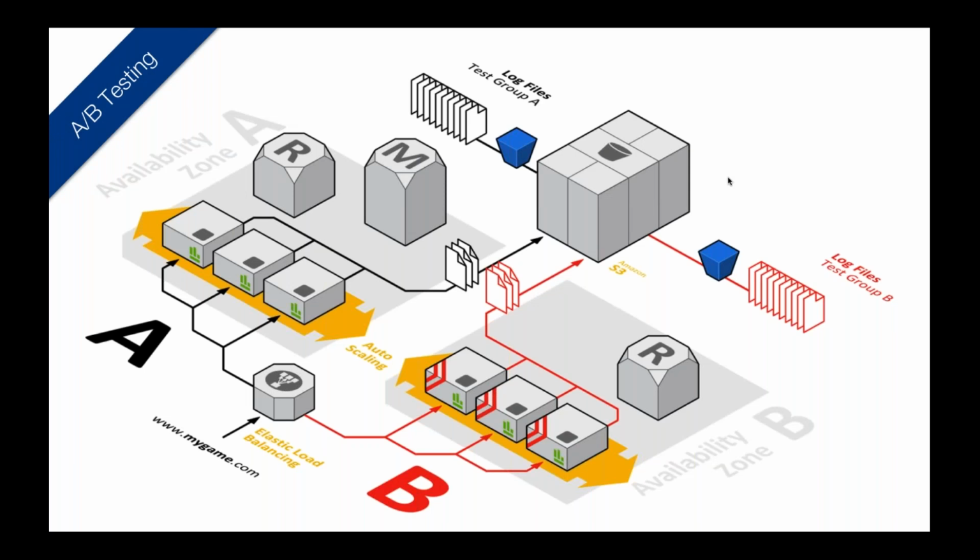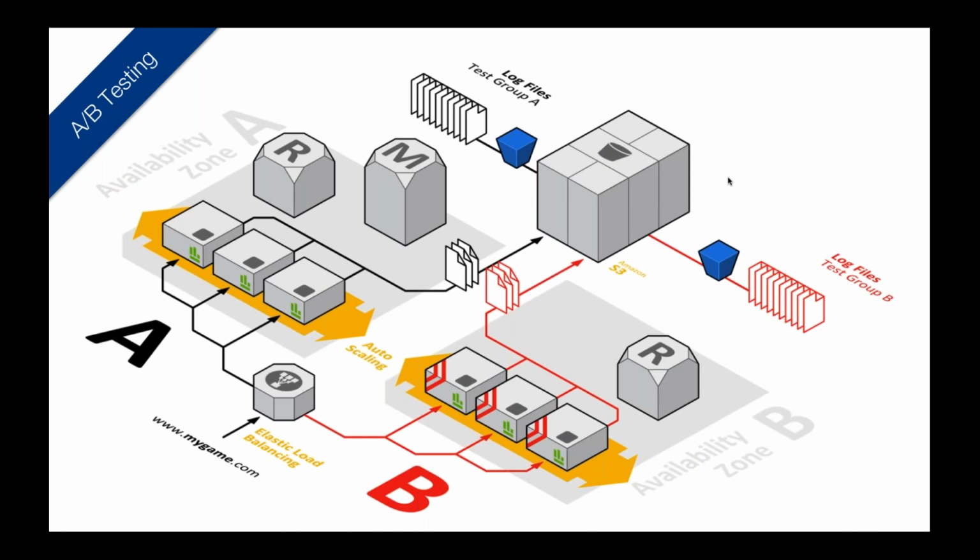So for example, let's take a look at a pattern with A/B testing. In this example, we've got 2 copies of our app, so we've got 2 auto-scaling groups. One auto-scaling group has 1 copy of the app, and the other auto-scaling group has a second, slightly different copy of the app. Then we use the load balancer to divide traffic among them.